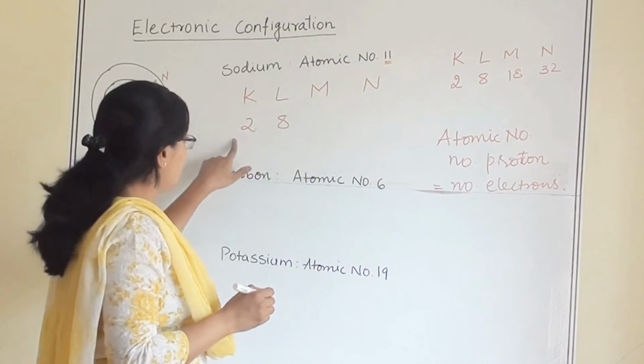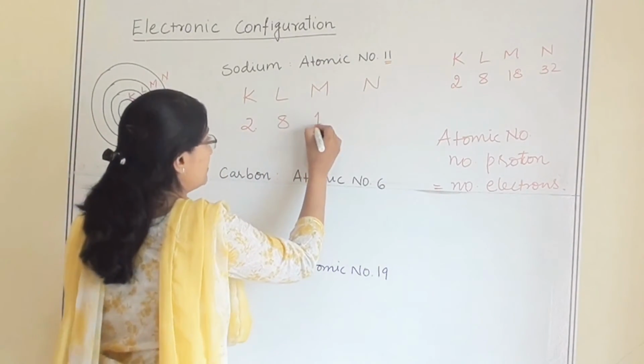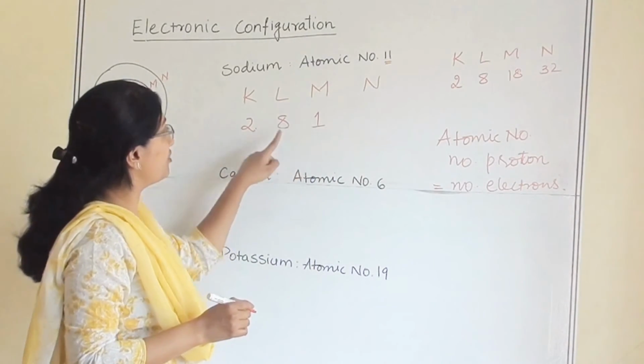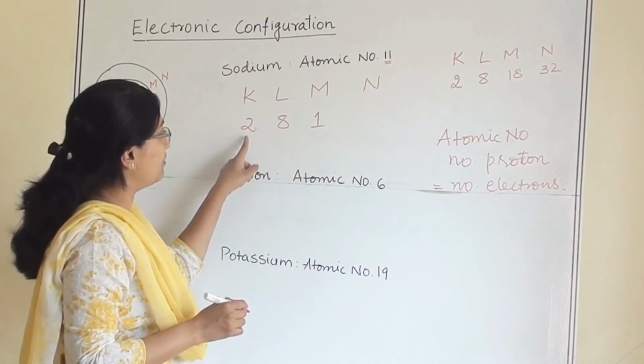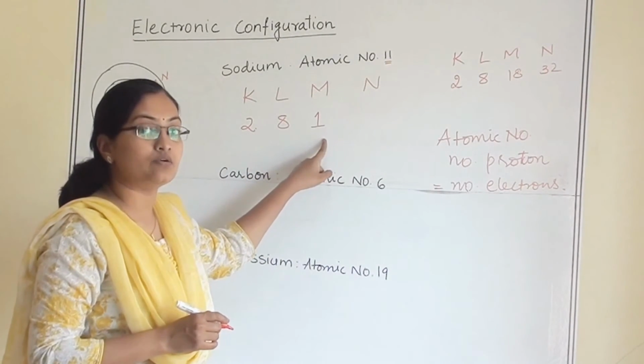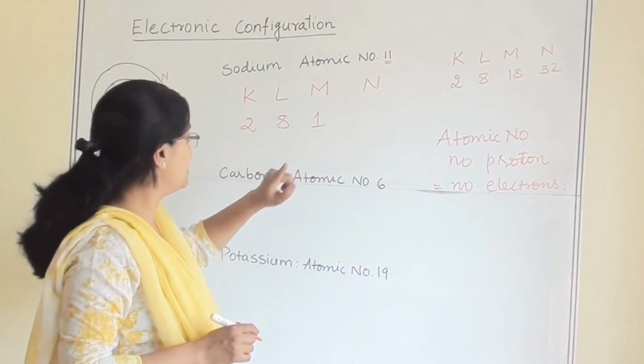So here 2, then 8. Now 1 electron is left. I am keeping it in M. So this is going to be the electronic configuration for sodium, according to the maximum capacity, and more than 8 electrons we cannot keep in any of the orbits.